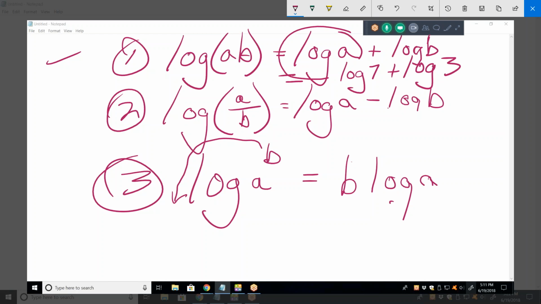Turn these two log things into one log thing. So would I just multiply them? Exactly. So log of 21. Like I said, they're going to give you just as many problems going from right to left as they are left to right. So let's do another one.